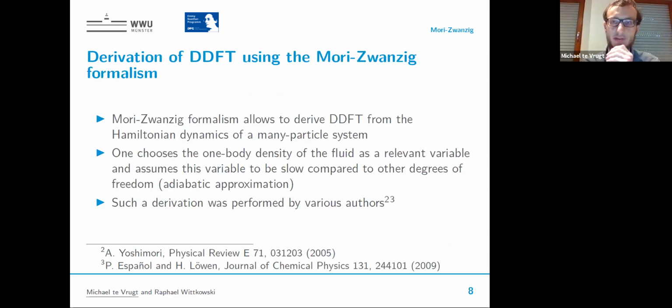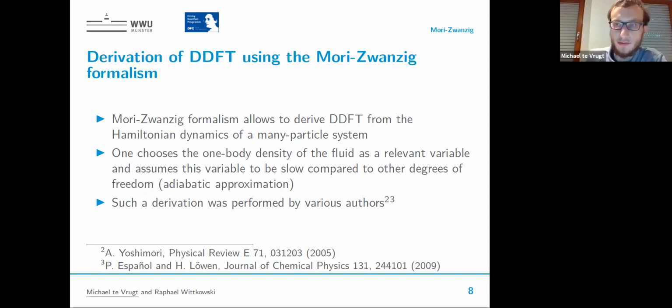So the Mori-Zwanzig formalism allows us to derive DDFT starting from the Hamiltonian dynamics of a many-particle system. Since it is the dynamic equation for the one-body density, we're using a projection operator that projects the microscopic dynamics onto the dynamics of the one-body density.